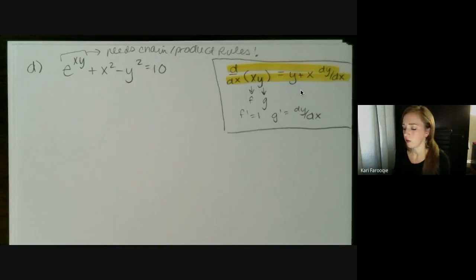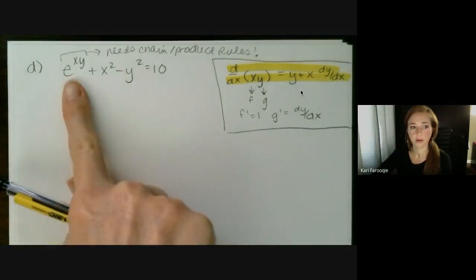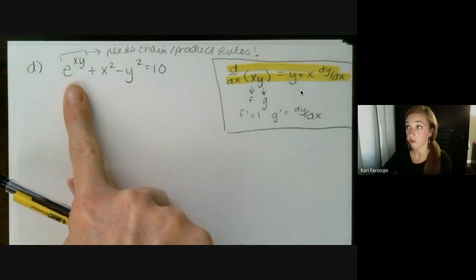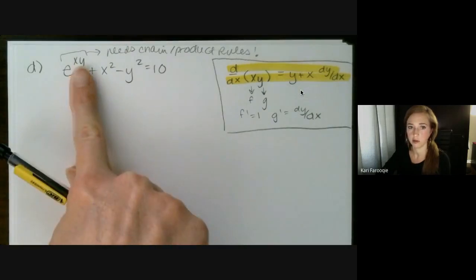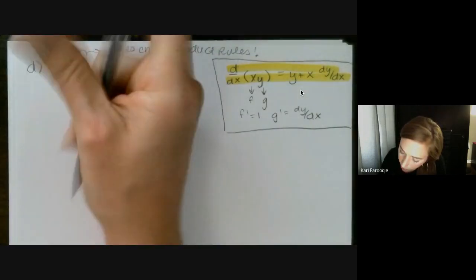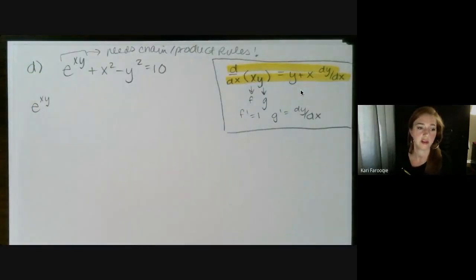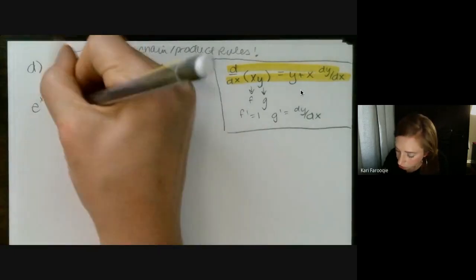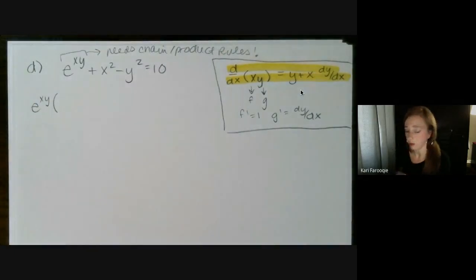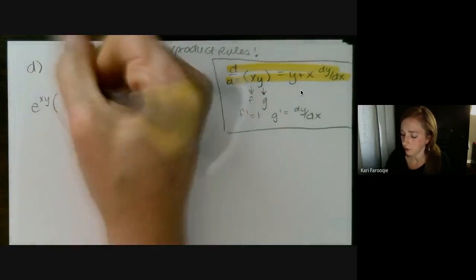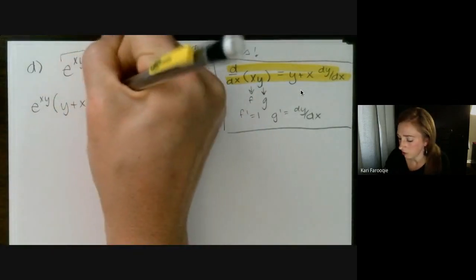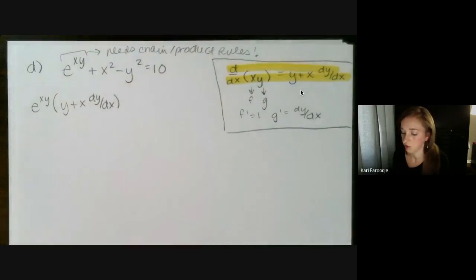All right, let's go ahead and take this derivative. The derivative of e to the x is just e to the x. However, we have e to the xy. So you're going to take the derivative like you normally would, but then you're going to chain on the derivative of the inside function. So we'll keep it as e to the xy, chain on the derivative of xy. We just found that over here. It's y plus x dy dx. And look at that. We're having another example where we're going to have to distribute in the next step.